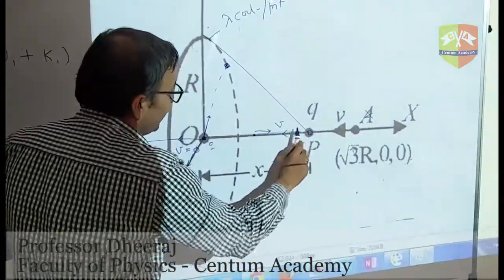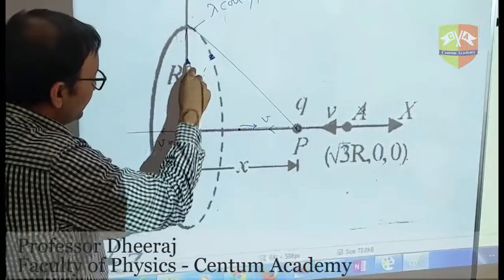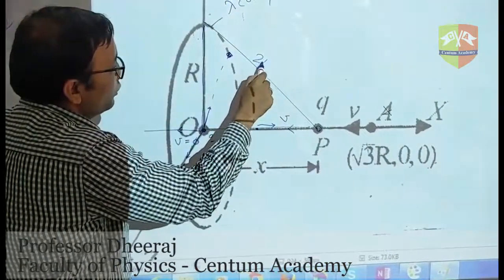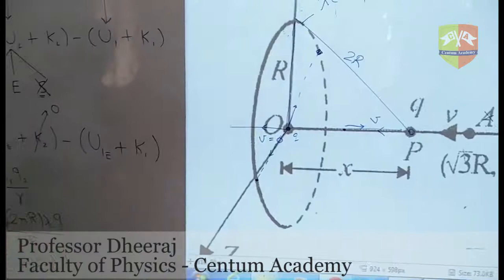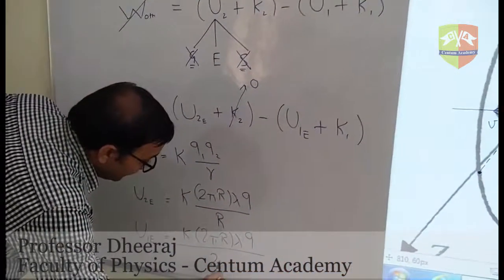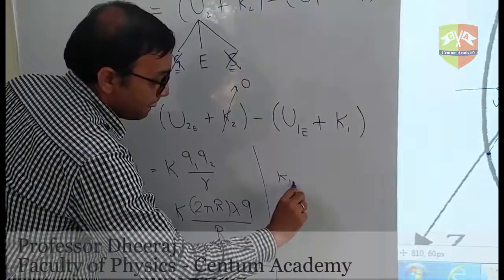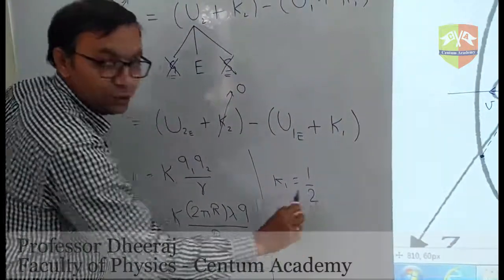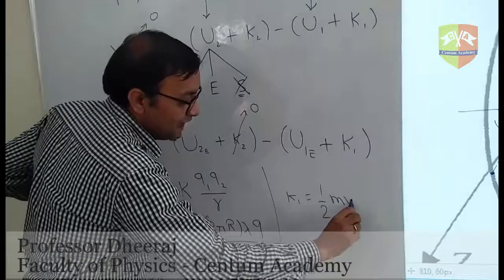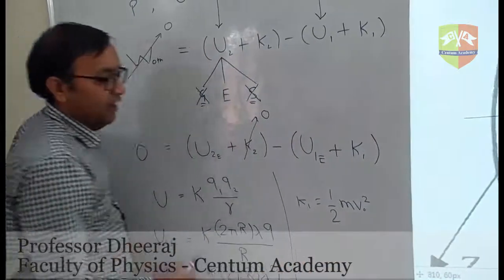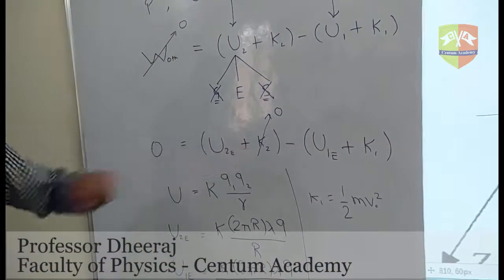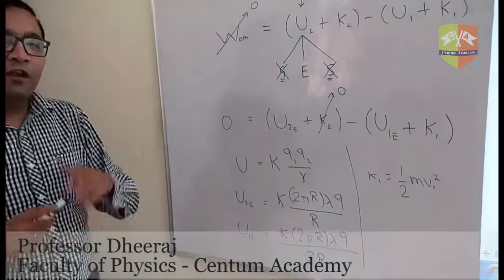This is root 3 r, and this is r, so this is 2r from the Pythagoras theorem. So U1 is this, and for the kinetic energy K1, of course, there is no ambiguity. Kinetic energy is always half m v squared. So once I substitute these values, I'll get the answer for velocity.